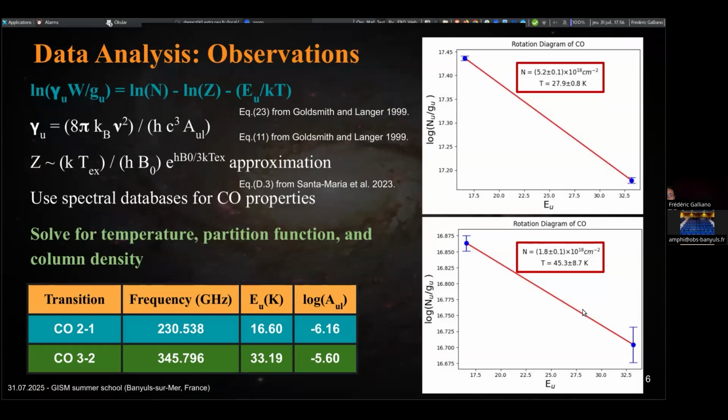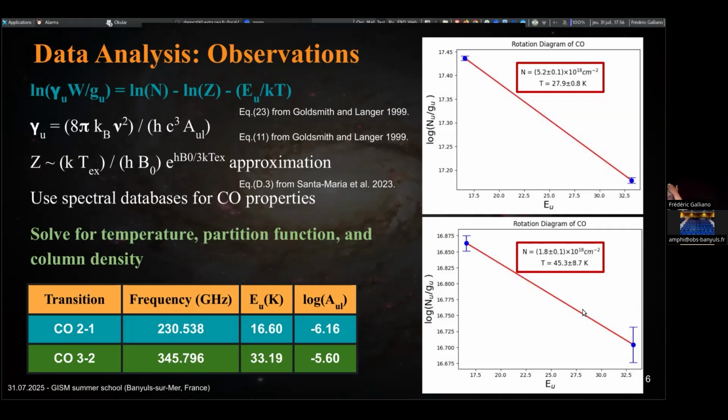In this, the logarithmic part of the right side of the equation was the intercept of this linear equation. T was the parameter that we were looking for, and the left side was the function itself. From this, we had to only use the gamma U constant and the g_u, the degeneracy. N was the column density, and Z is the partition function.